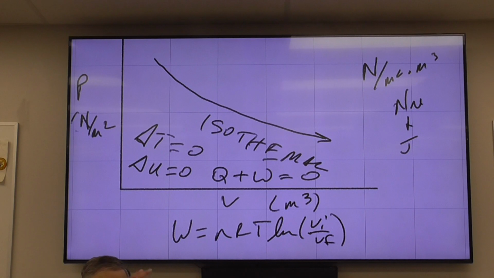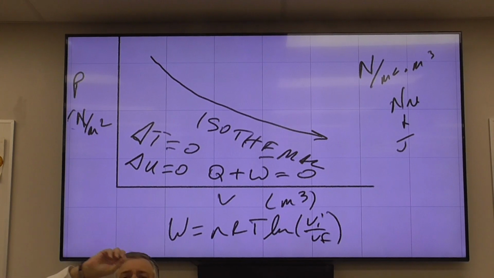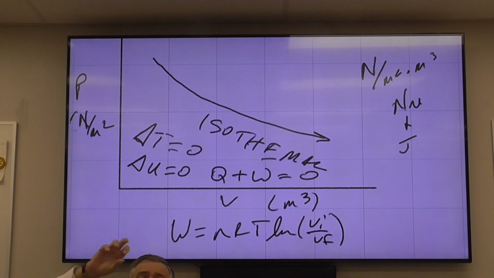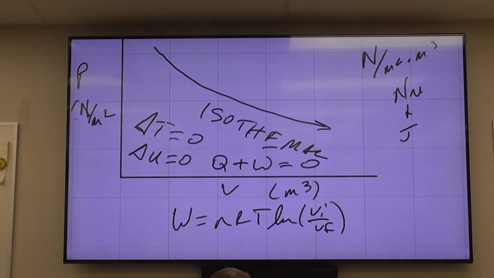So whenever a gas expands, you can say that the gas does work on the environment, a couple of different ways that you can put it. But you've got to understand the prepositions. So if this is expanding, then going in this direction, work is going to be a negative number.